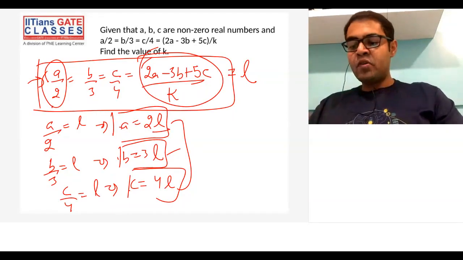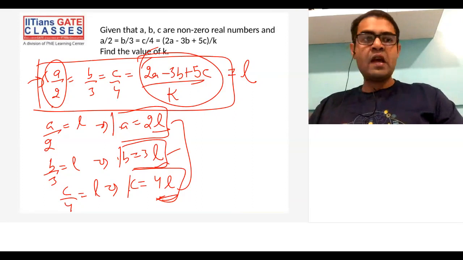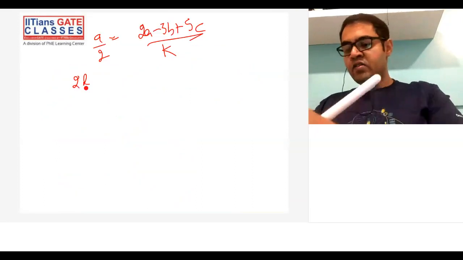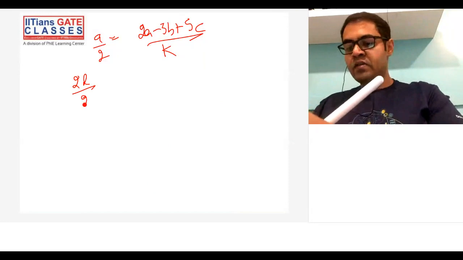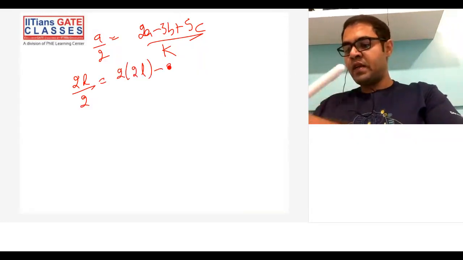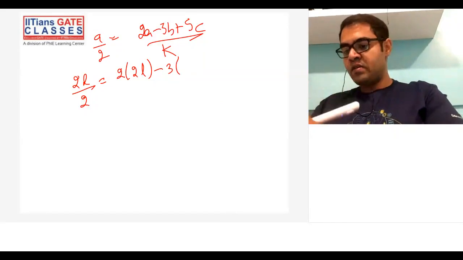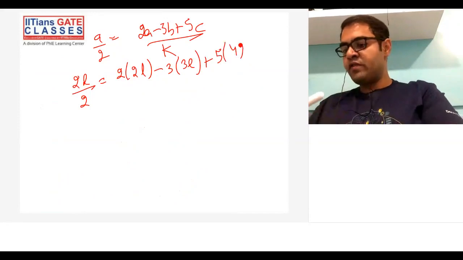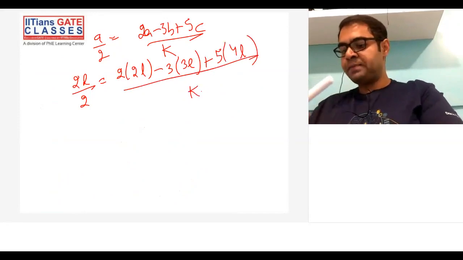Now, when I put a, b, and c in terms of L, L will cancel from both sides. See, this is the advantage. So this is equal to L. This becomes 2 times L minus 3 times 3L plus 5 times 4L, by k.